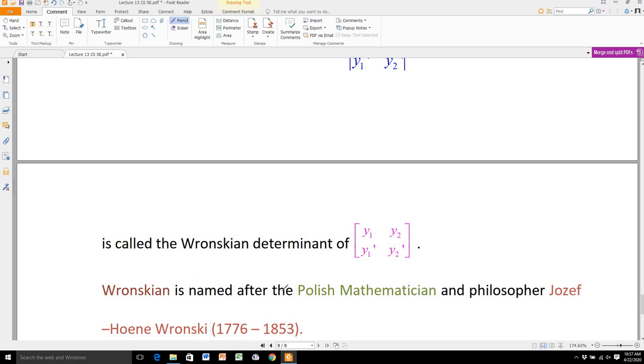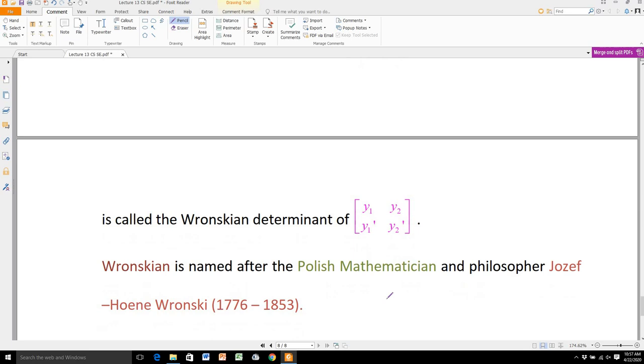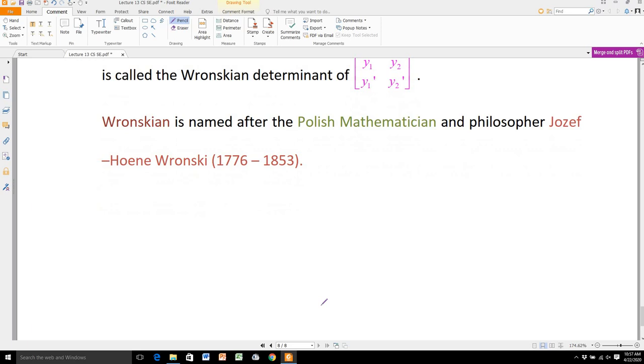The Wronskian is named after the Polish mathematician and philosopher Josef Hoene-Wronski, from 1776 to 1853. So after this mathematician, it is named the Wronskian.